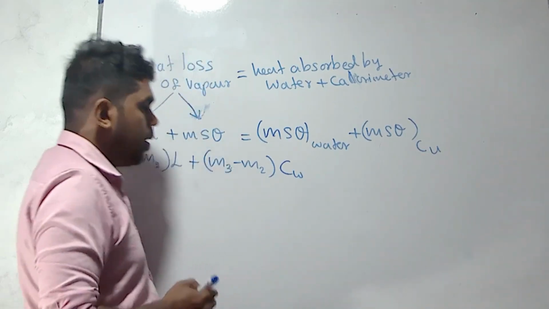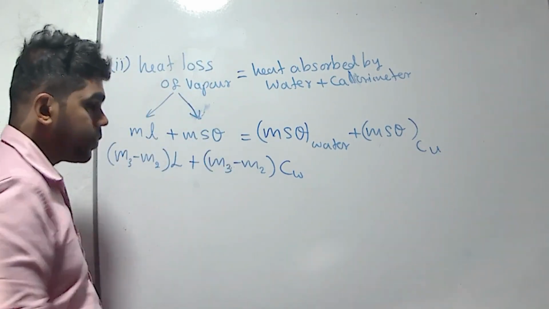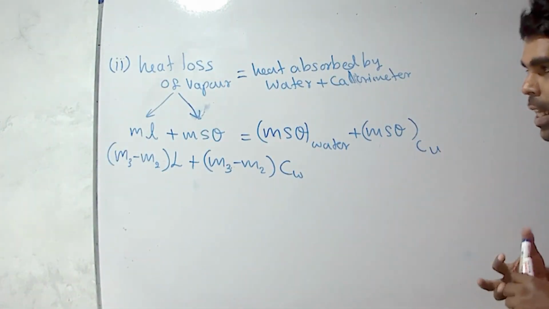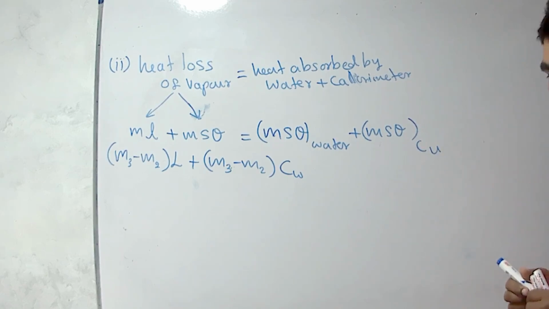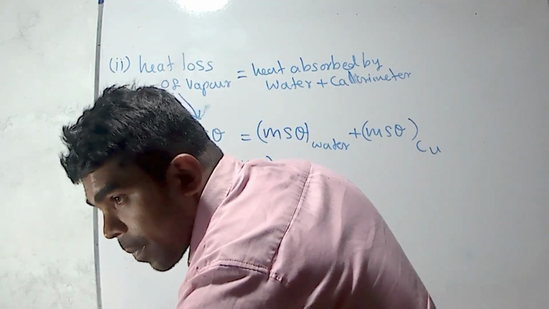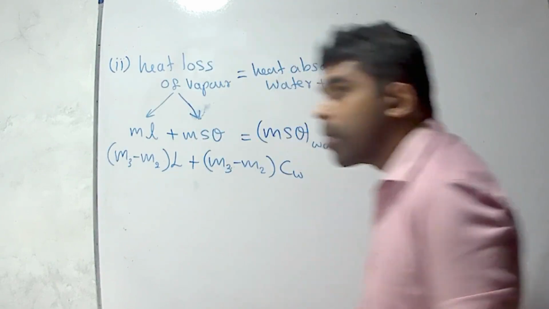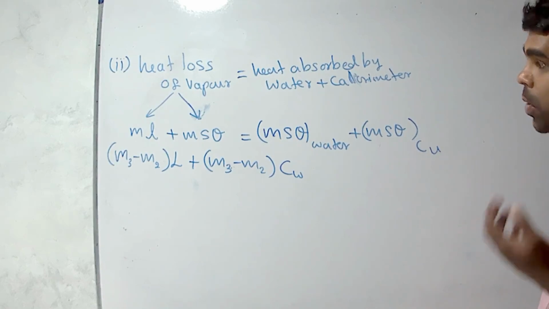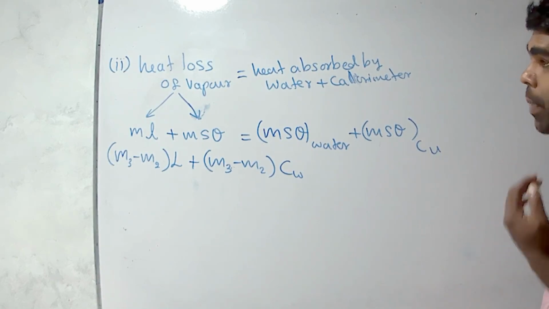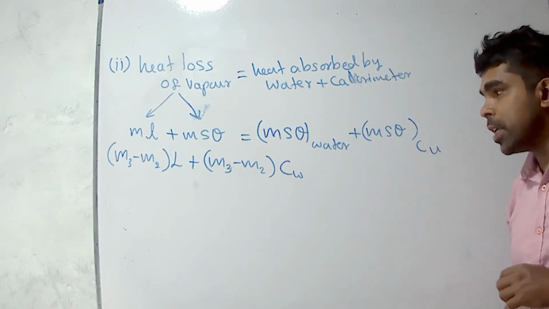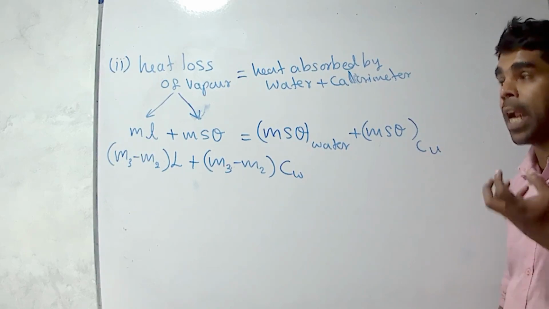When substituting the theta value, we know the temperature of the condensed water is 100 degrees Celsius. It is cooling down to the theta 3 temperature. We can use the initial temperature of vapor as theta 1, because in part E the initial temperature is theta 1, but it should be 100 because we are using steam generated at atmospheric pressure.